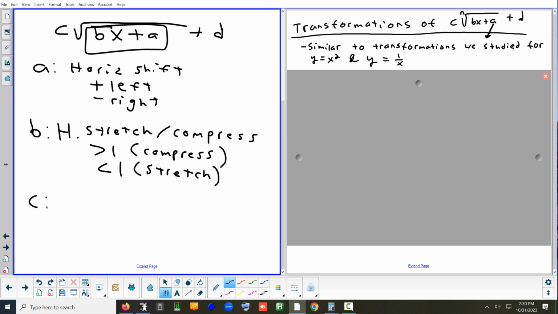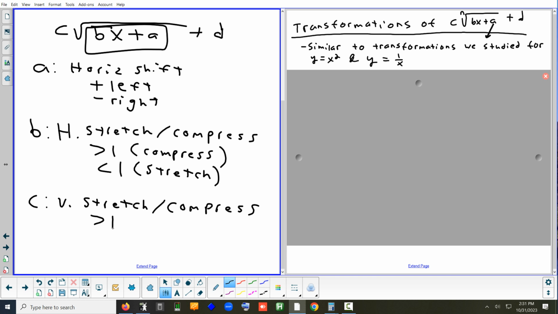Okay, C. Well, C is multiplication, but this time it's outside the root. So anyone have a guess what that's going to do? Yep. Vertical stretch or vertical compress. Could be a stretch or compress. How about this time if your number is bigger than 1?